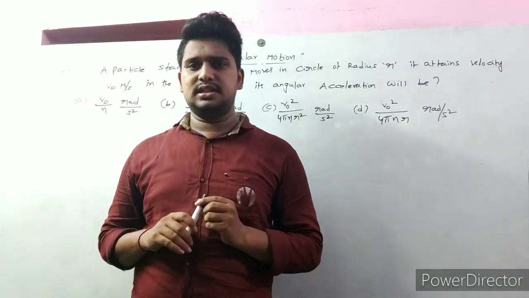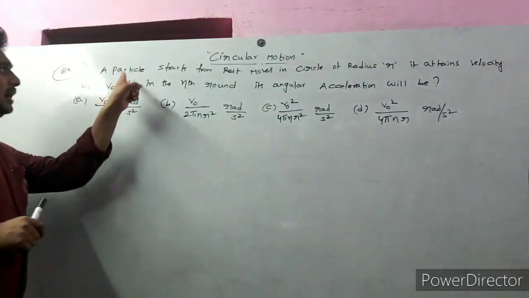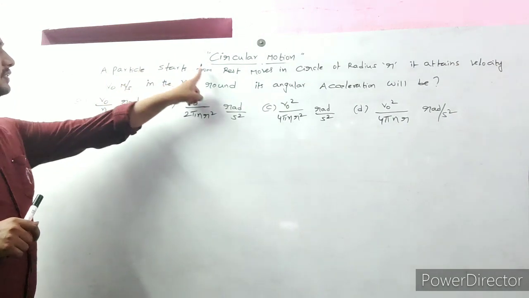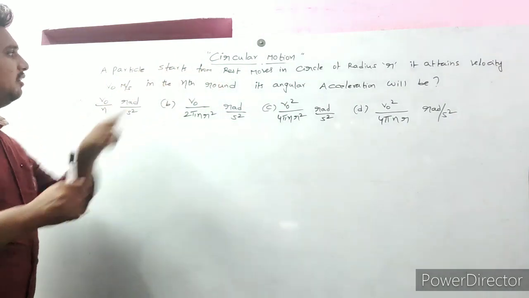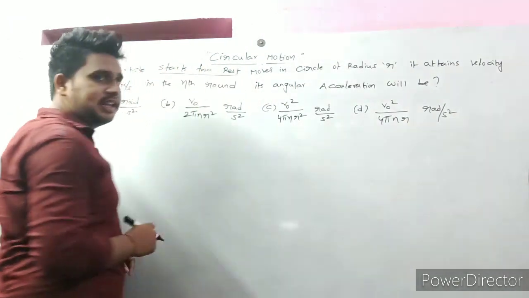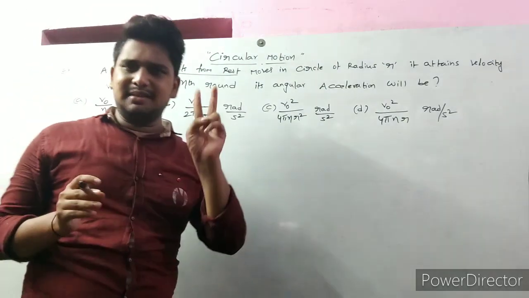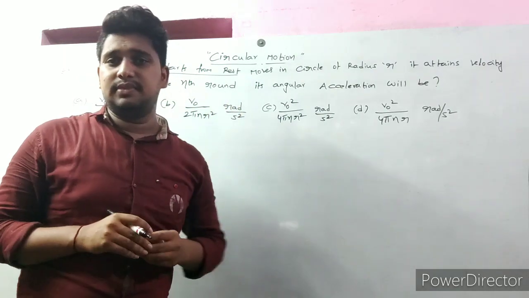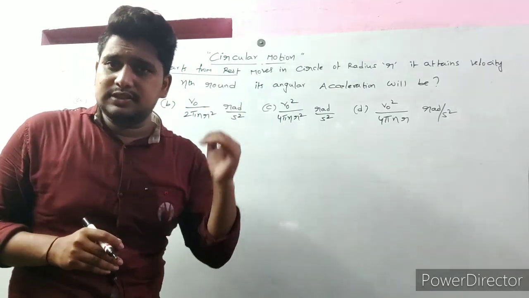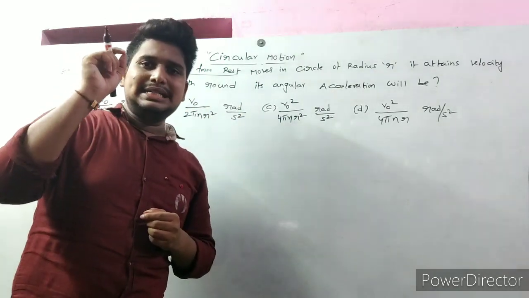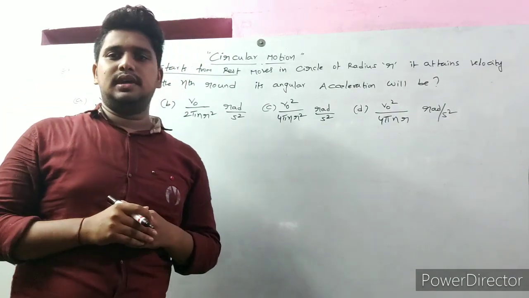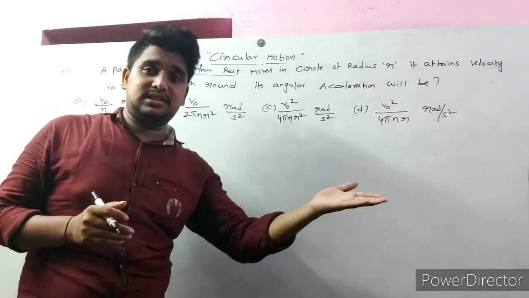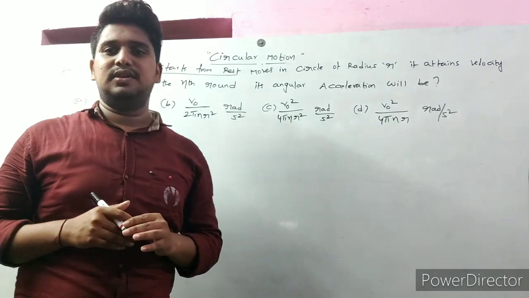Observe the question carefully. A particle starts from rest. Whenever a particle starts from rest, its initial velocity is 0, a simple thing we already discussed in the motion in a straight line topic. If a particle comes to rest, the final velocity is 0.